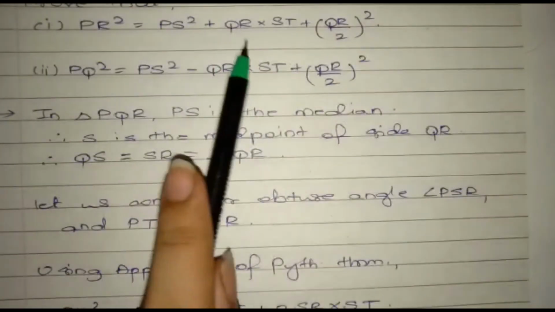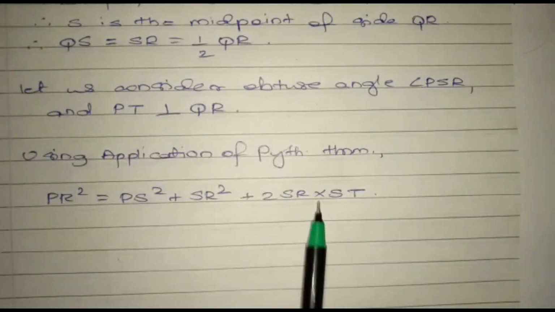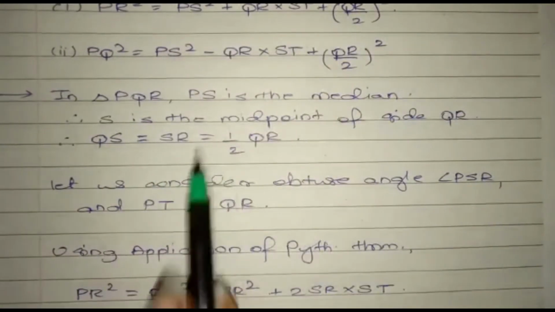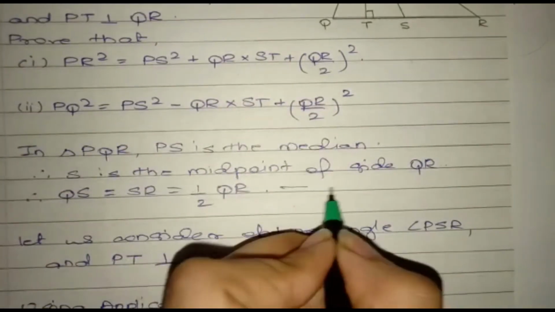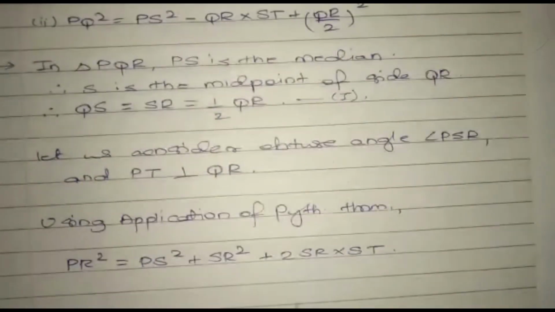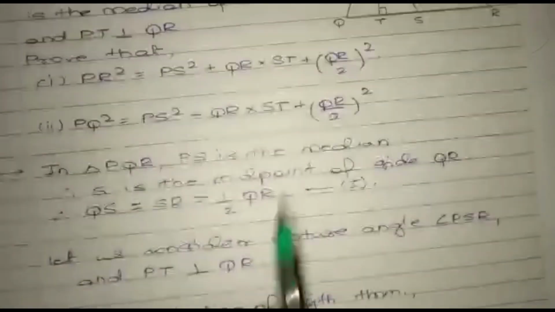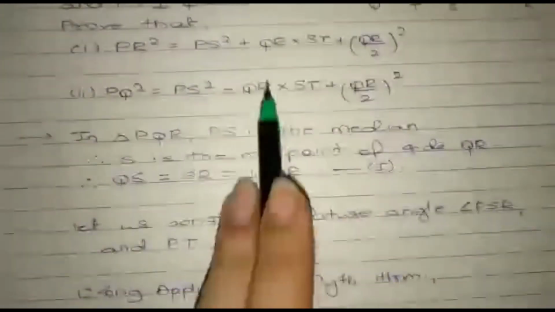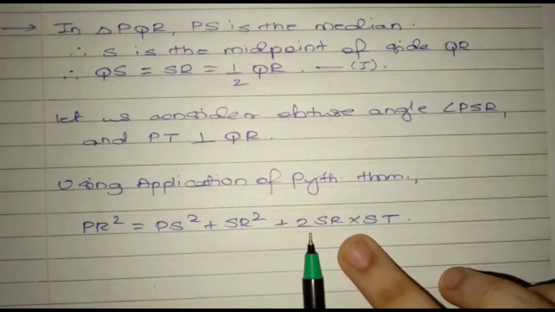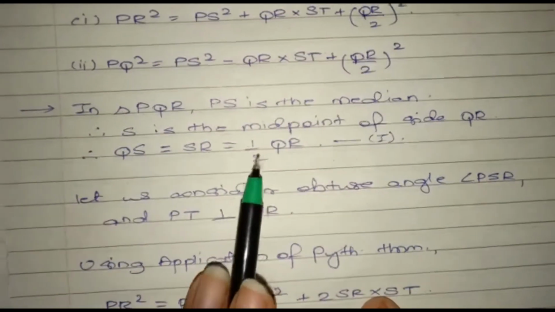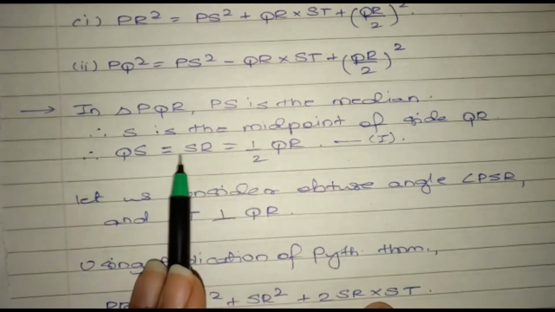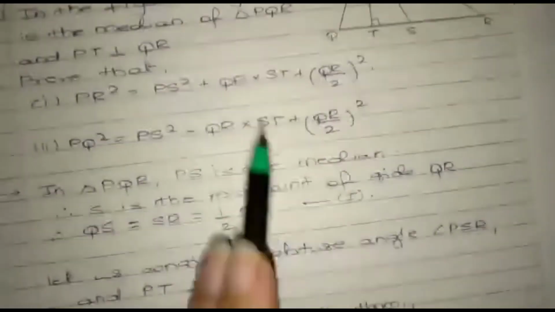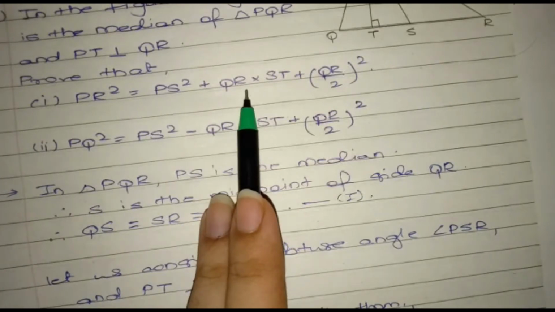So from this equation we will write this as 1. ST is needed, so we will keep it as it is. Now we want QR in place of this 2SR. If we multiply the 2 on this side, we will get 2SR is equal to QR, which was needed.